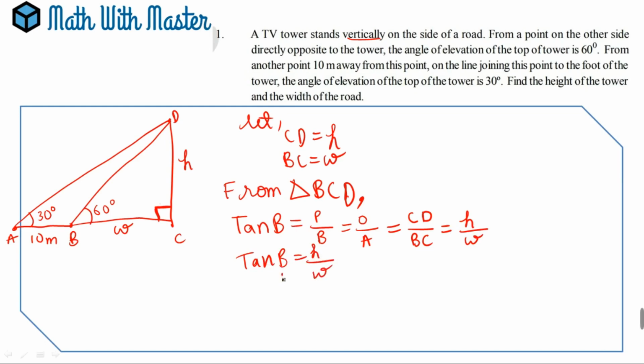So instead of B I can write its value 60 degrees. If tan B is equals to tan 60 degrees, then B should be equals to 60 degrees, and our B is equal to 60 degrees. So tan 60 degrees is equals to H upon W. Sorry, the value of tan 60 degrees is root 3.